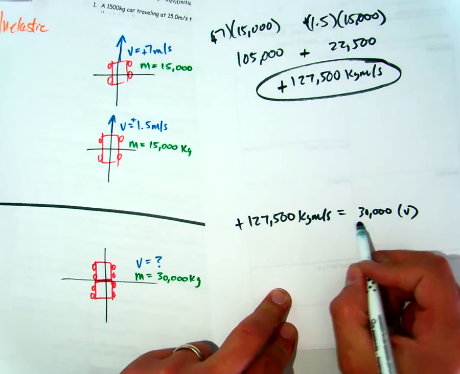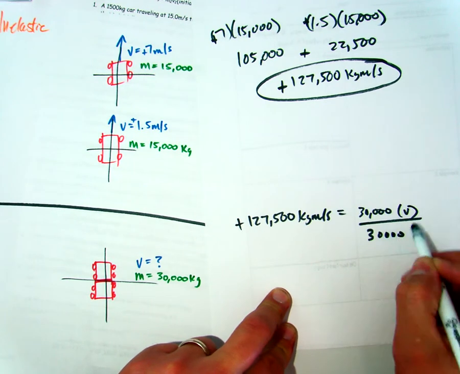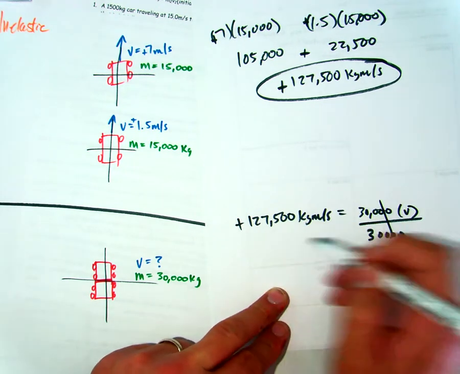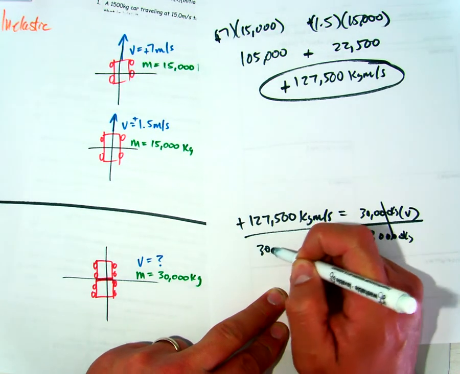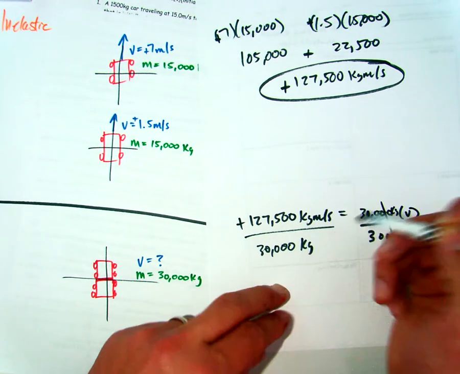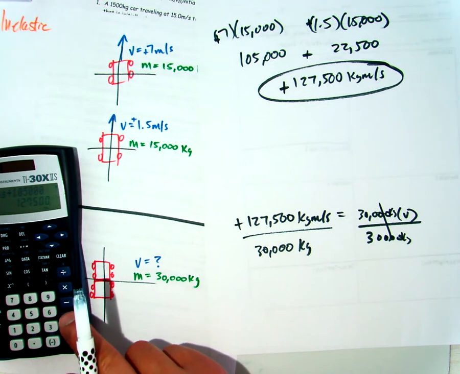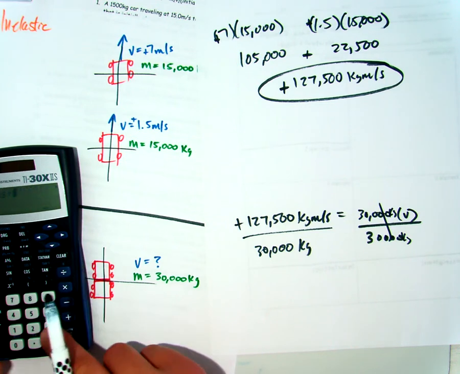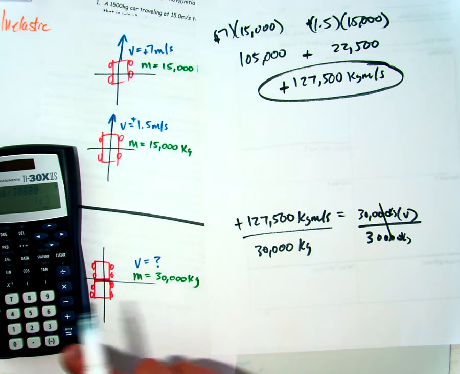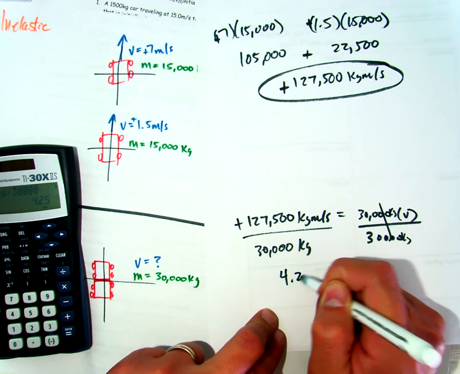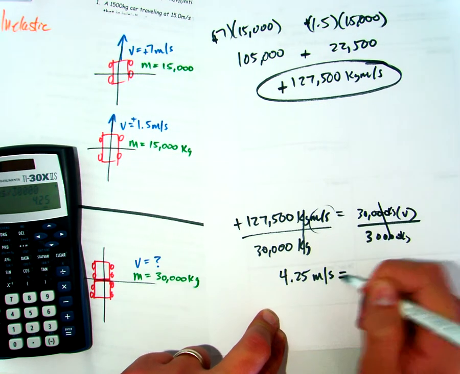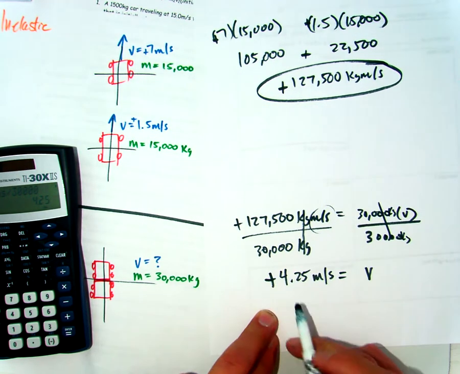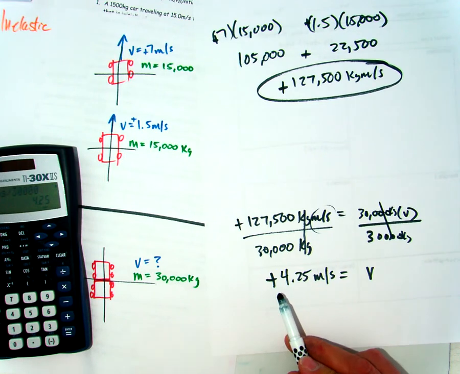All I have to do is divide by the 30,000 on this side, 30,000 kilograms. So 127,500 divided by 30,000 gives me 4.25, kilograms cancels out. I'm left with meters per second is equal to velocity. And that's a positive. So positive means it will be moving in the positive direction.